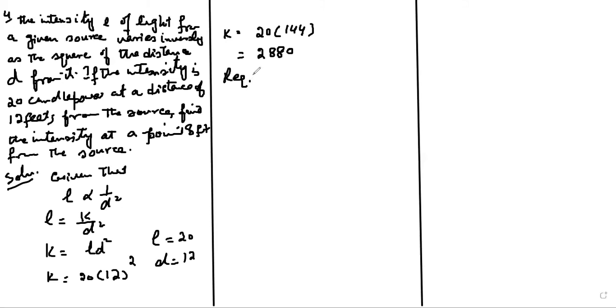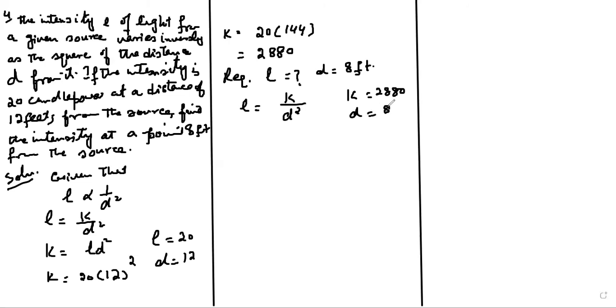Now the requirement. We have to find L, where D equals to 8 feet. Right, so we know that L equals to K over D square. Right, so we know K equals to 2880 and D equals to 8.